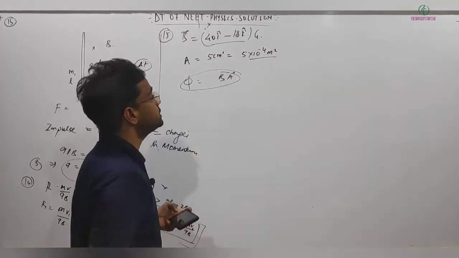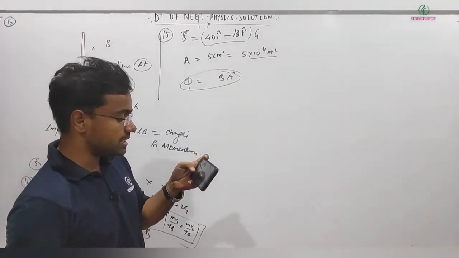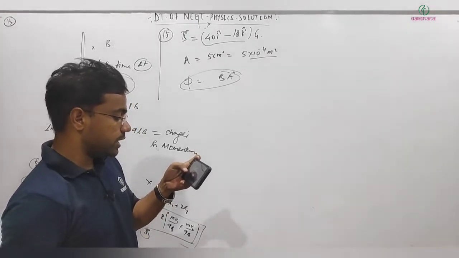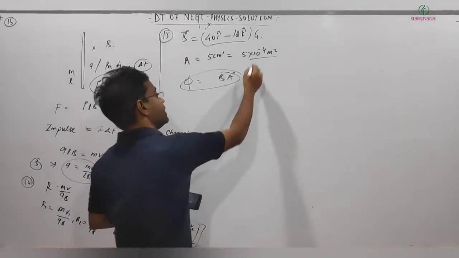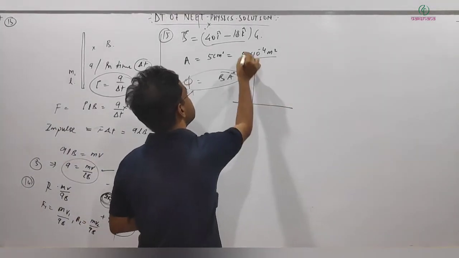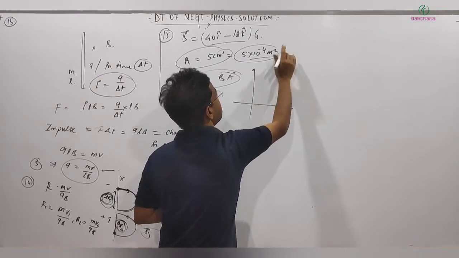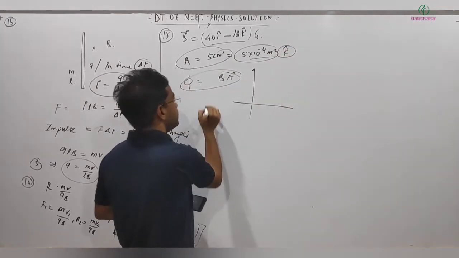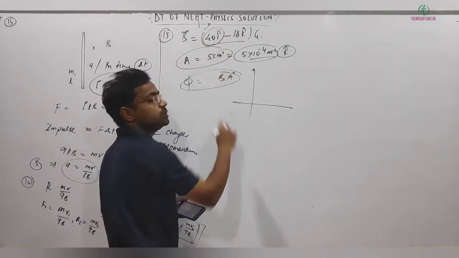In this situation the loop lies flat in the XY plane. So the loop is lying flat in the XY plane, that means this area vector will be along k cap. Then flux due to the i component will be 0.